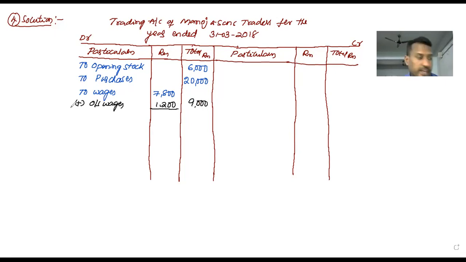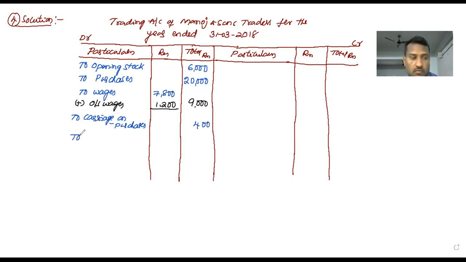Next, to carriage on purchases, it is one of the direct expenses. The amount of carriage on purchases is 400 rupees.